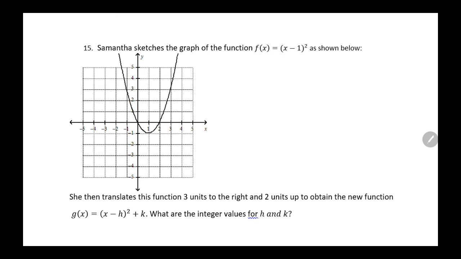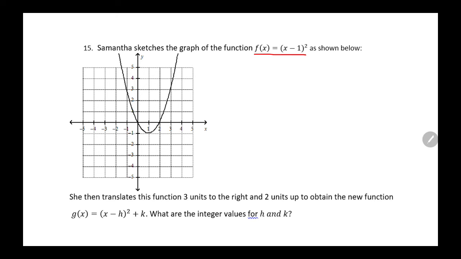Okay. So this problem looks scary, but it's really not. It's quite simple. So let's just read what it says. Samantha sketches the graph of this function, (x minus 1) squared, as shown below.